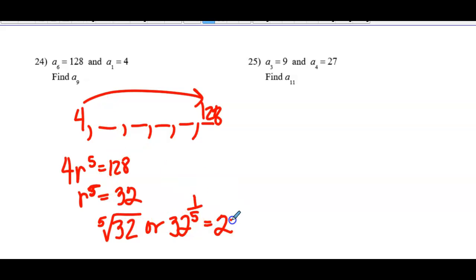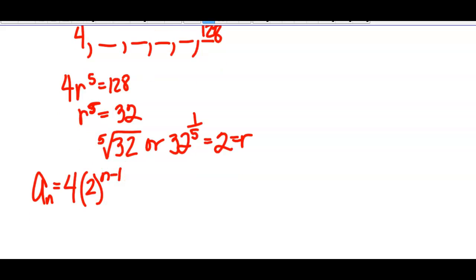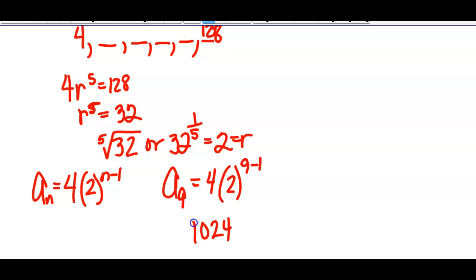So r is 2, and they already gave us the first term, so you could fill all those in, but basically it's 4 times 2 to the n minus 1 is the explicit formula, and they wanted us to find the 9th term. So you'd have 4 times 2 to the 9 minus 1, or 8. 4 times 2 to the 8th power is 1024.